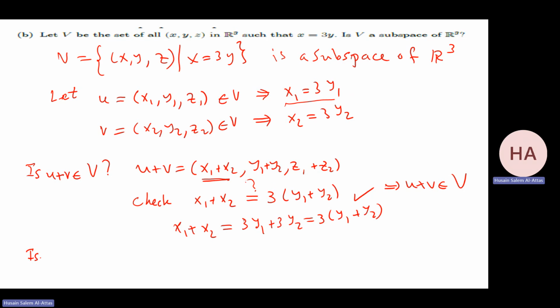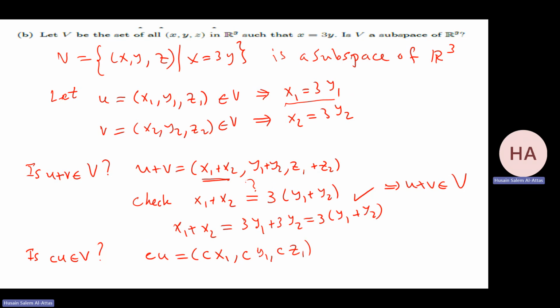I need to check the second one. That's not enough. Check cu. What is cu? It will be (cx1, cy1, cz1).